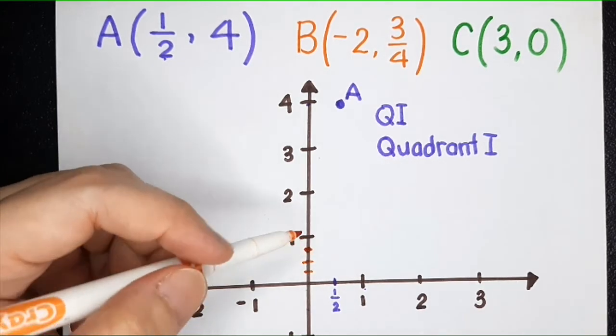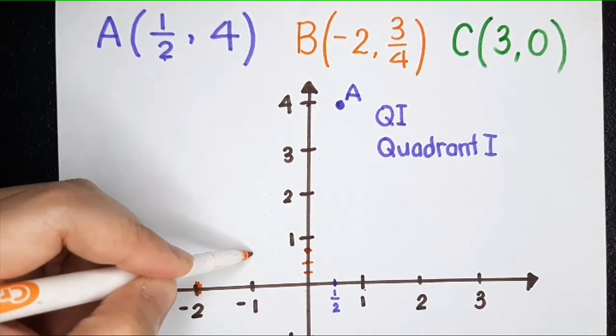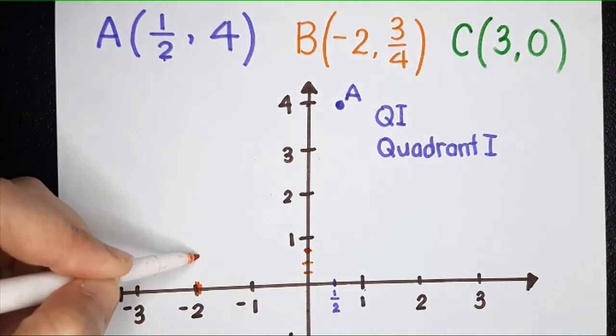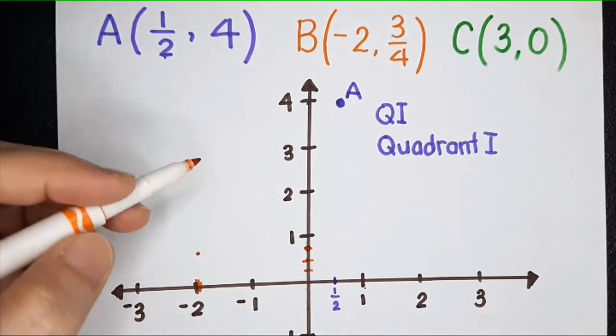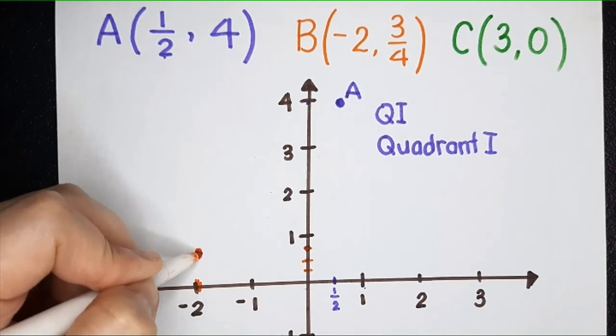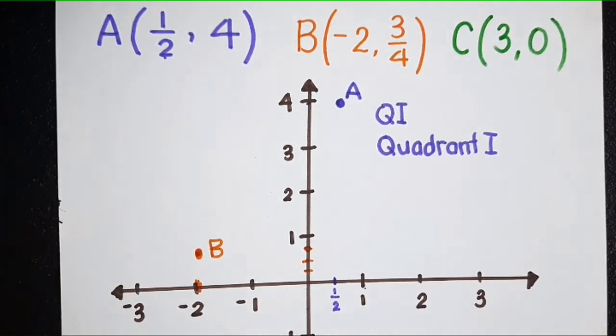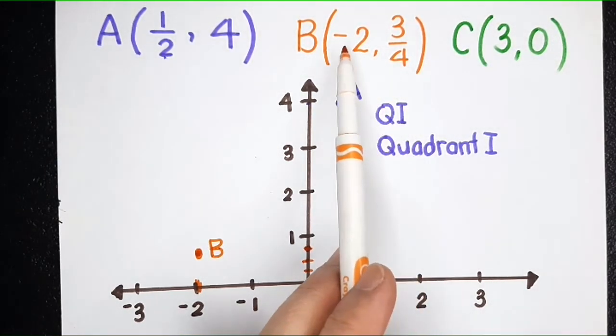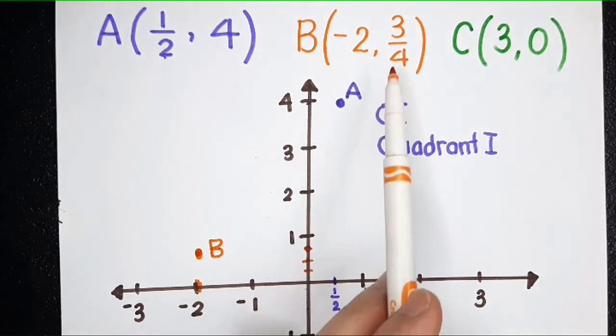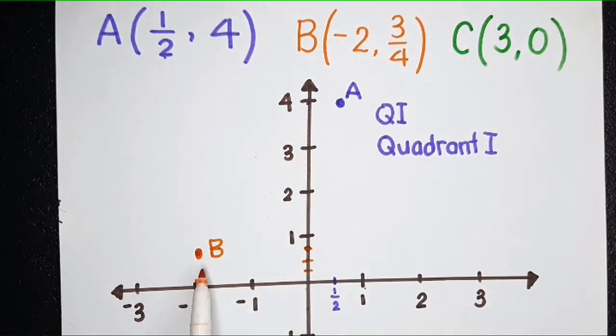So, the point B is located here. Okay? So, nandyan ang point B. Okay? So, hindi ko na isusulat ang coordinates negative 2, 3/4 kasi nandiyan naman na siya. So, it's okay. We simply write point B.